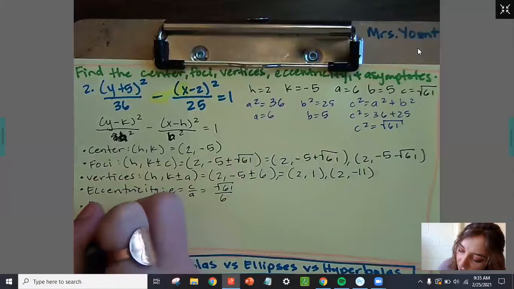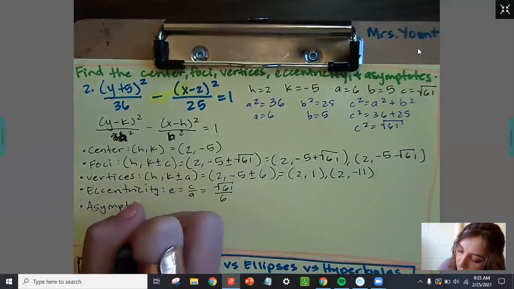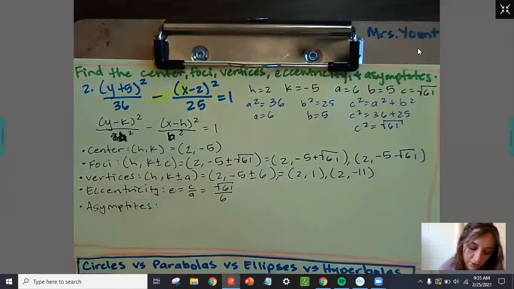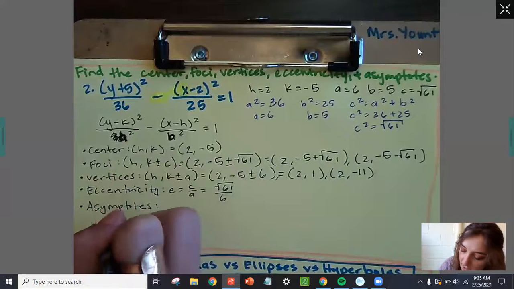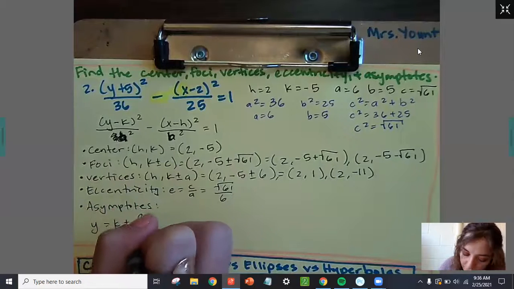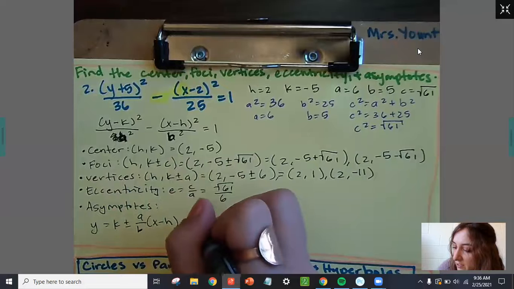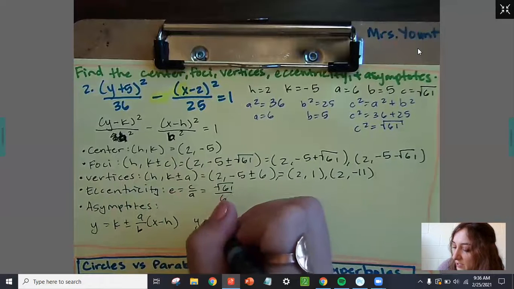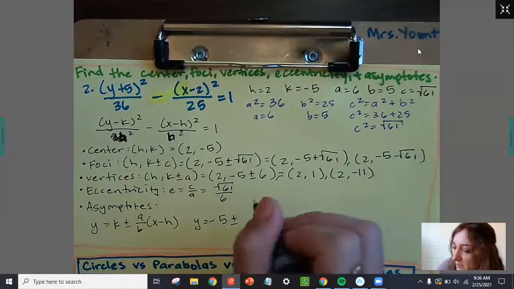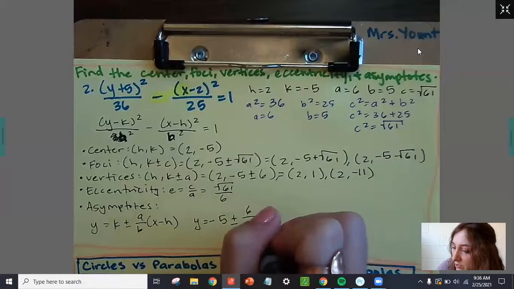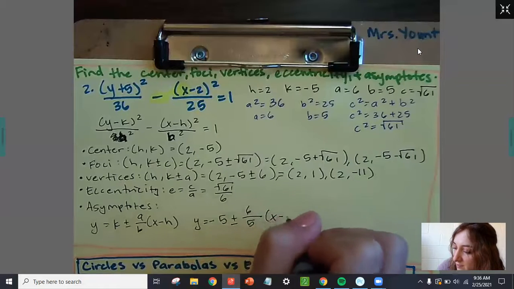And then we also have our asymptotes. The formula for those is y equals k plus or minus a over b times (x minus h). Okay, so plugging these values in, y equals k, which is negative 5, plus or minus a, which is 6, over b, which is 5, times (x minus h).